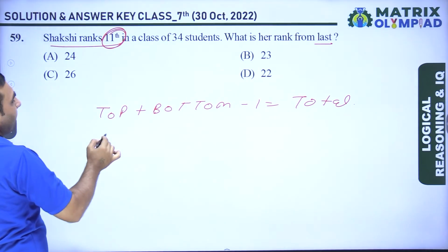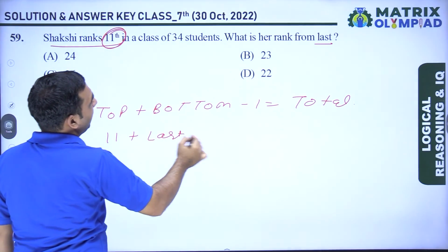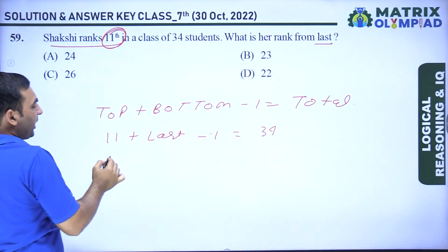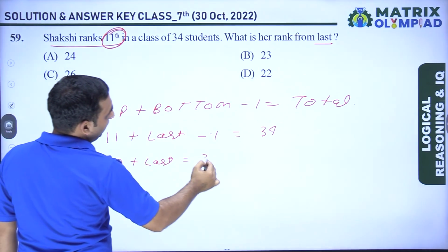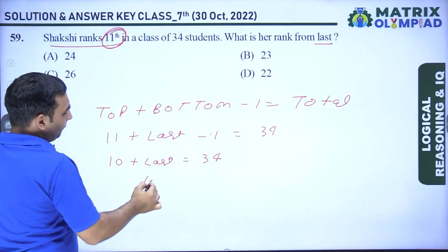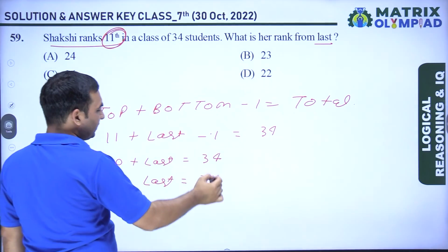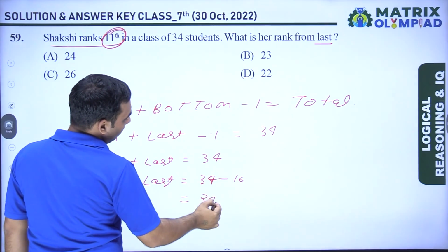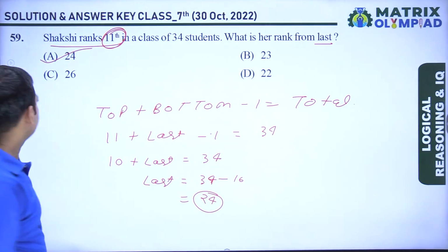Rank means top. 11 plus last minus 1 is equal to 34. Minus 1 with 11 gives 10. 10 plus last is equal to 34. We find the value of last. This 10 goes to the other side with minus. Our answer is 34 minus 10 is 24. Option A is the correct answer.